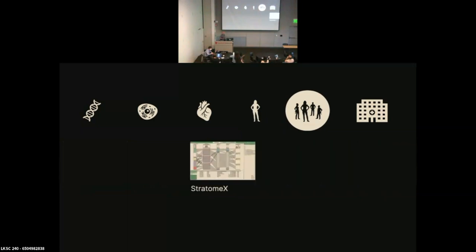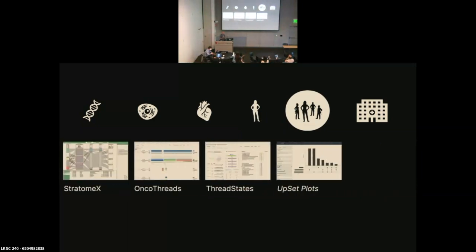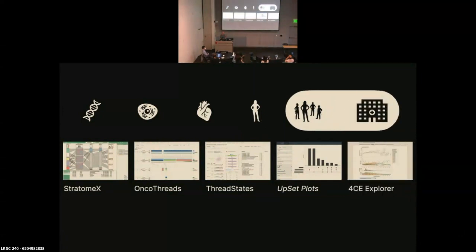I started in my postdoc thinking about TCGA, which still is a very rich source of data for many of us, to create tools to discover subsets of patients that share common molecular or clinical patterns in their data. Some of you might have heard about UpSet plots, which is another project that we've been working on. And during COVID, we also got into visualizing data for whole healthcare systems, basically.